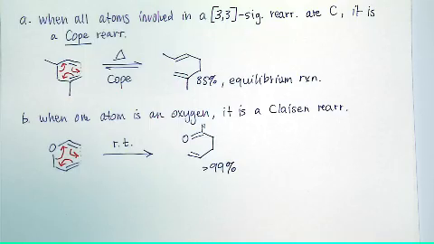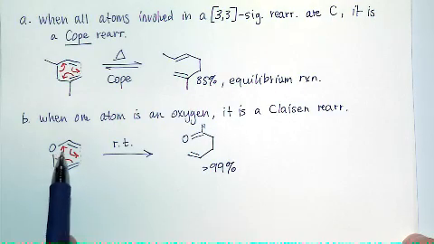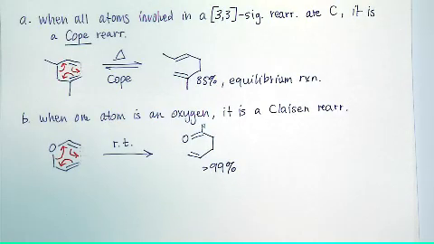But when you do this Claisen rearrangement, where you go from an ether to an aldehyde, that's a much more favorable process, and so this isn't really an equilibrium reaction to any significant degree, and you get almost exactly the amount of this product that you would expect based on the stoichiometry, which of course is good because we want as much product as possible.